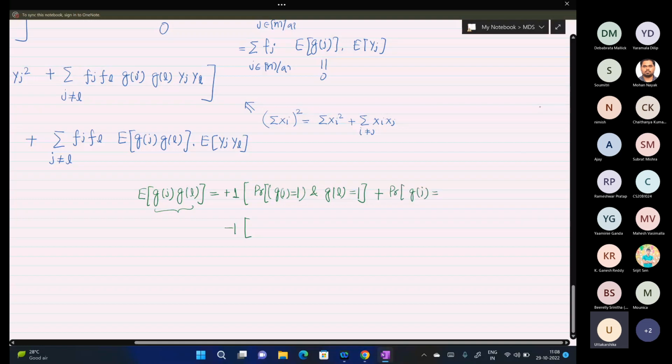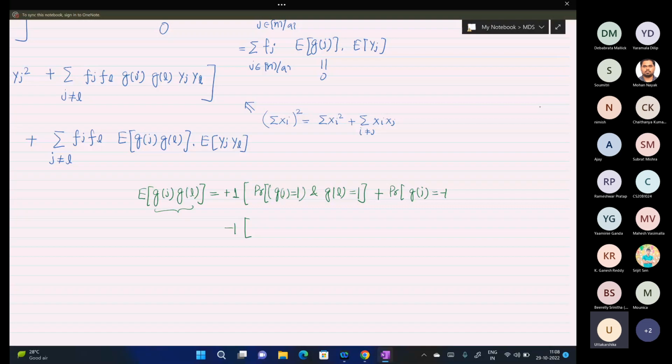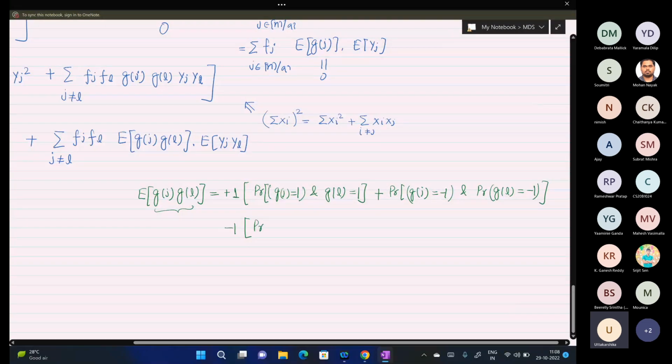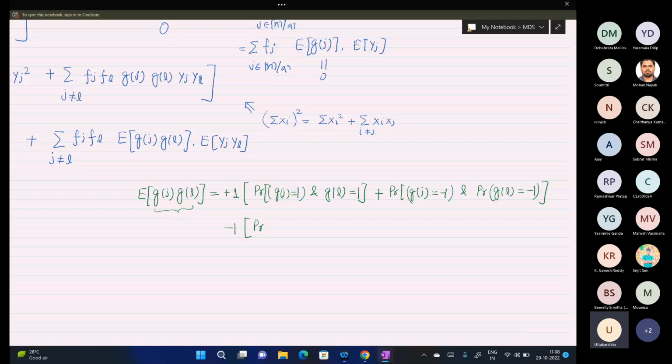If gj is -1 and gl is -1, their product will be +1 again. And it takes value -1 when gj is +1 and gl is -1, and gj is -1 and gl is +1.